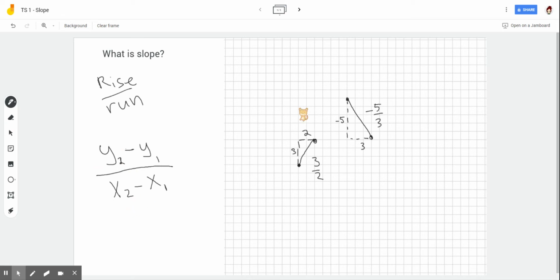So for this, let's say we put the origin here. So 1, 2, 3, 4, 5, 6. So this coordinate is -6, 0, because it's sitting on the x-axis.